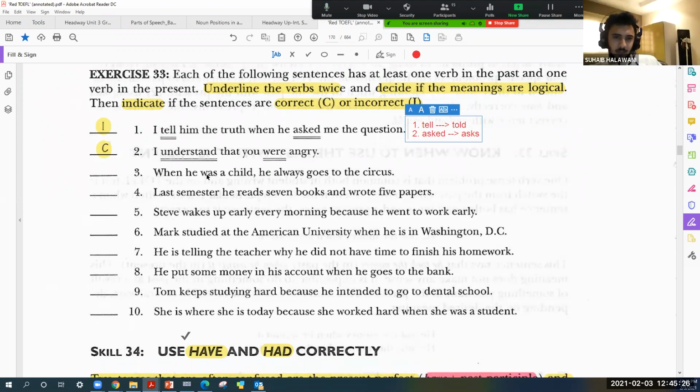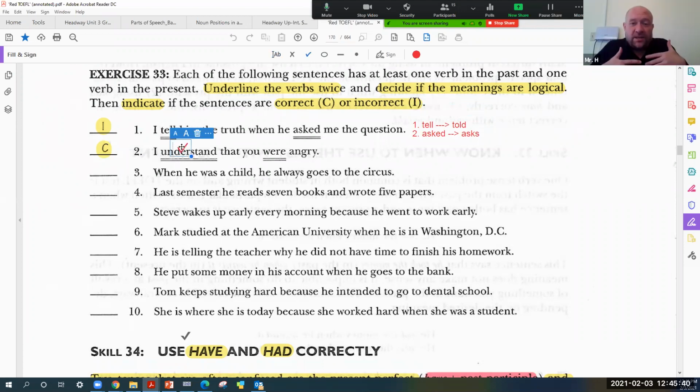I think he was angry before, and now I understand that you were angry. Yeah. So I didn't know why yesterday, but now I understand. You see? So I understand now.